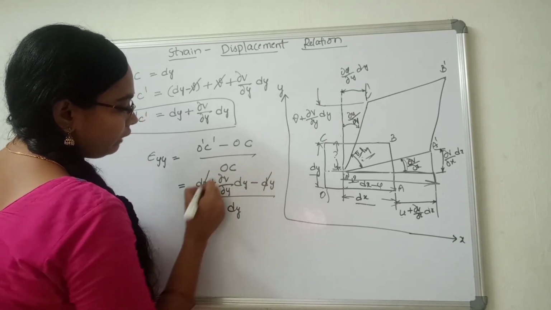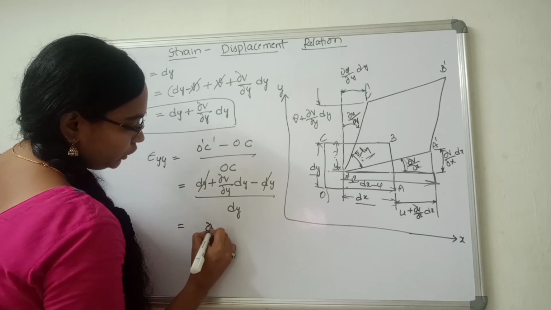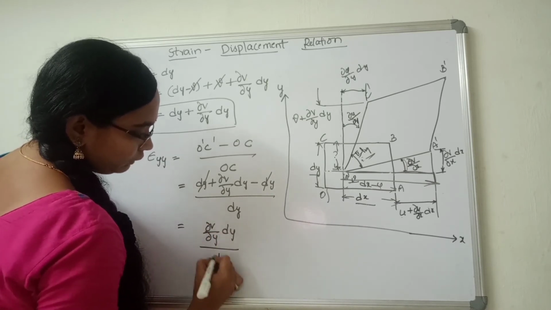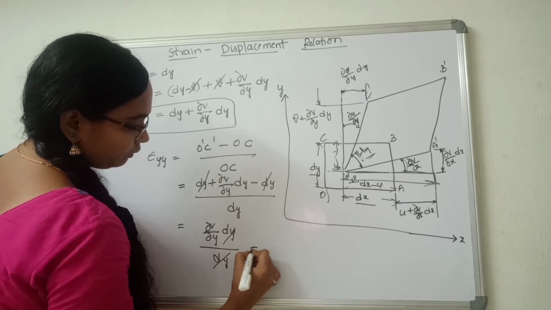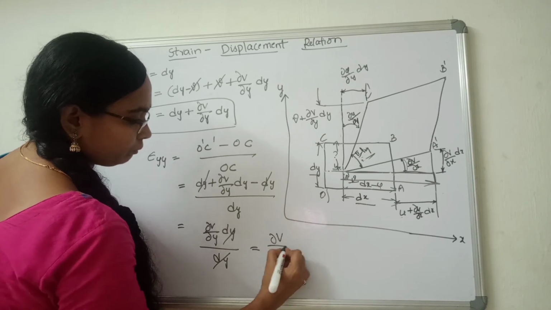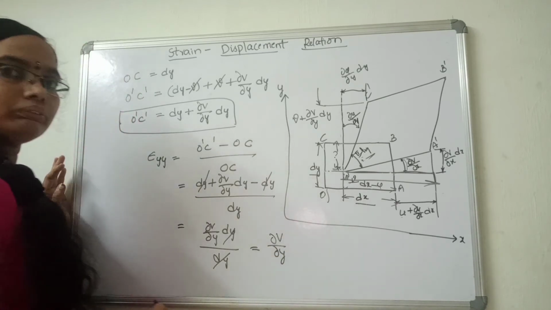So this dy is cancelled. Finally, dou v by dou y dy by dy. Fine. Strain along y direction is dou v by dou y.